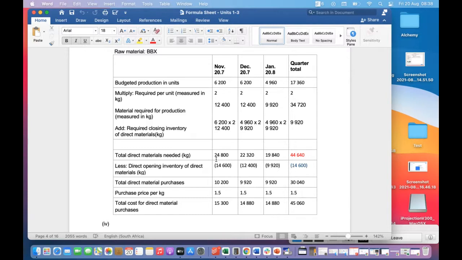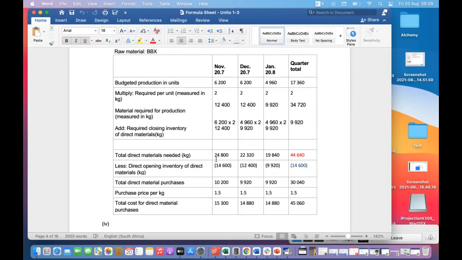Required closing inventory, we know that the required closing was that 6,200, so we're timesing it again by 2 kgs. Then, can you see, the format is exactly the same. The only difference is we're timesing in the 2 kgs for all the places where we have units. So then total direct materials needed, we're adding that 12,400 plus the 12,400 to get the total needed.